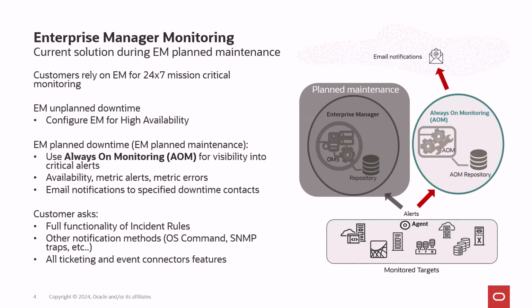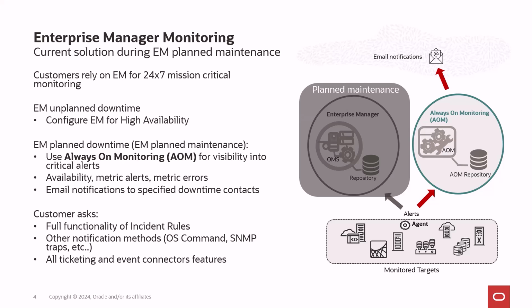For example, configuring multiple OMS servers with a load balancer provides high availability in case an OMS server crashes. For planned downtime, when EM itself is brought down for maintenance, you can use Always On Monitoring, or AOM for short, to give you visibility into critical alerts.